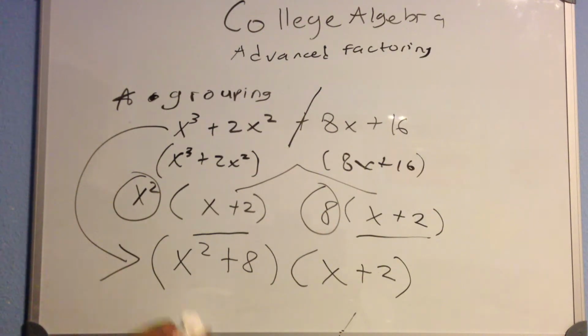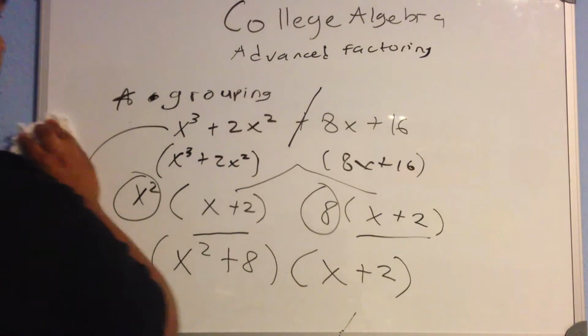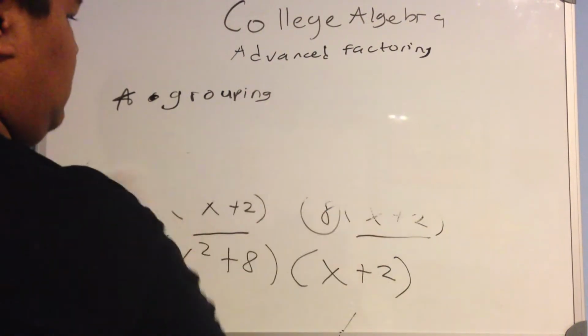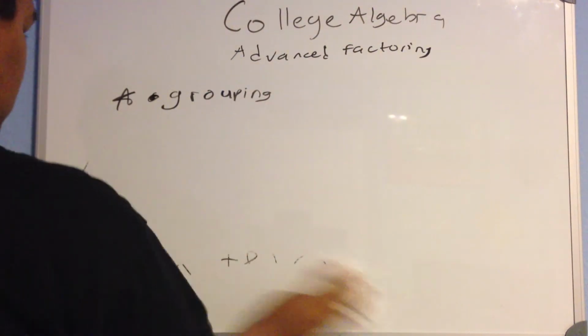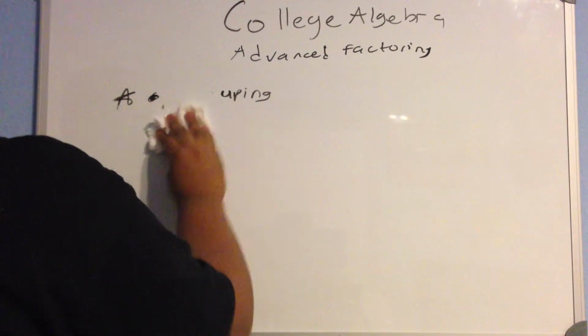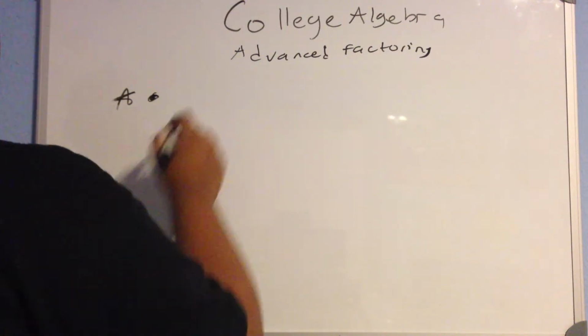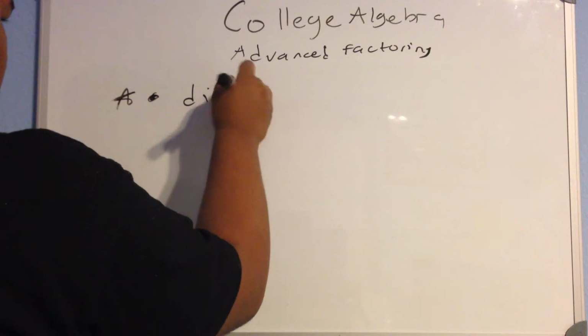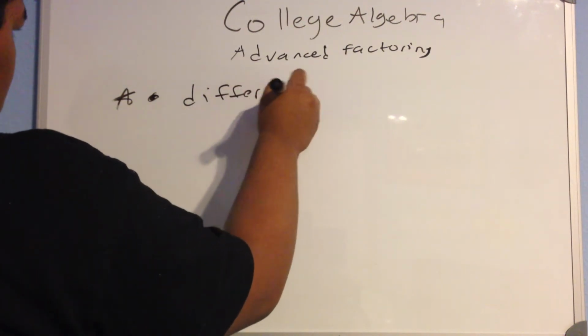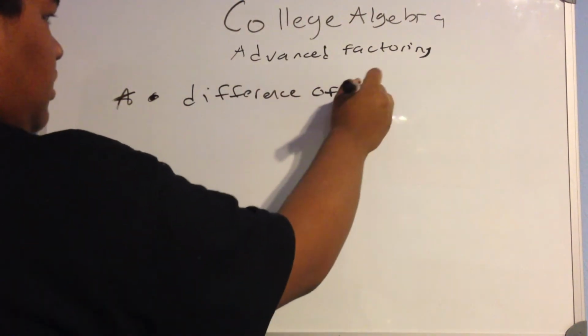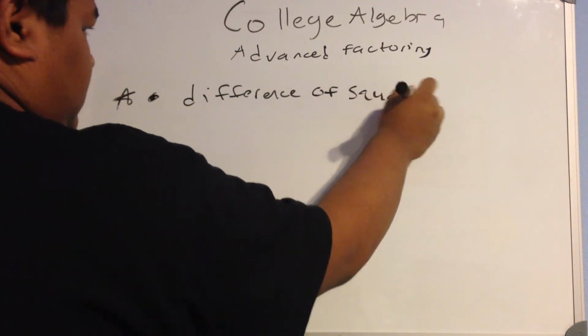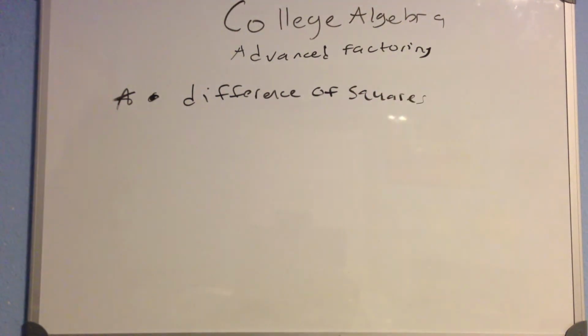Okay, now let's do the next one, which will be difference of squares. So the difference of squares is the formula x squared minus y squared.